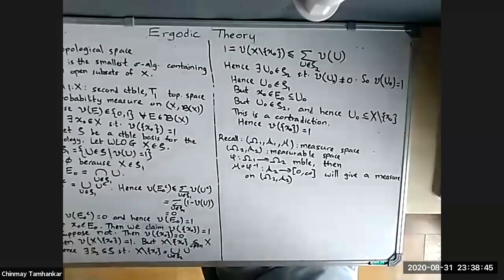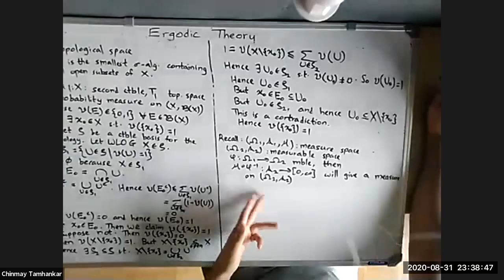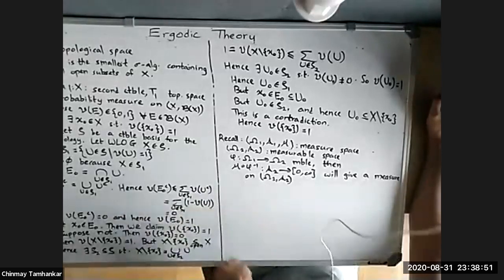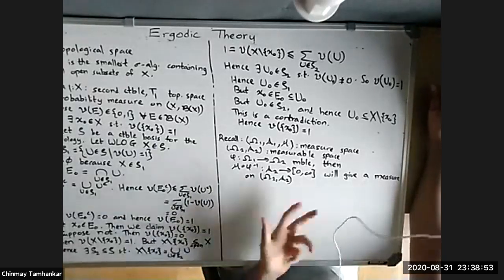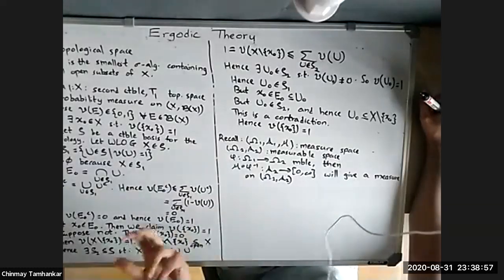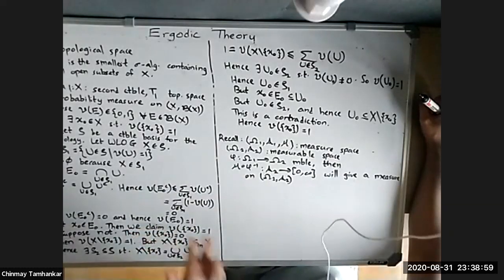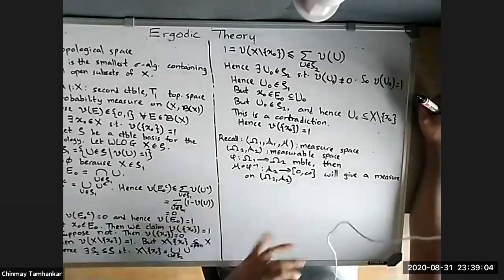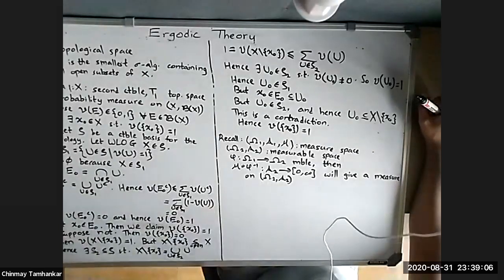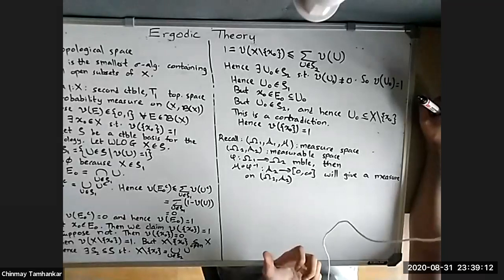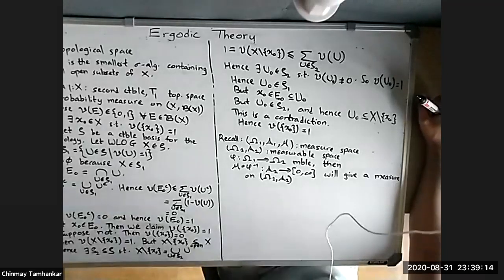So this is in fact the first thing we did in the previous lecture when we were discussing the change of variable theorem. So you take a measurable subset of omega 2, pull it back into omega 1 and apply mu. So that gives a measure on omega 2, A2. So if we have any measurable function from a measure space to a measurable space, then we can push forward that measure on the second measurable space.